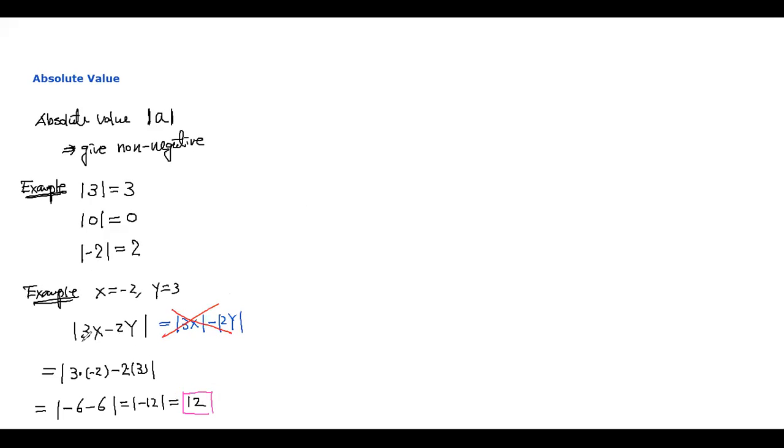You need to do what is inside first, until the last step to come out with the absolute value. The next thing is super important, because it will help us solve absolute value functions: how to break them out.